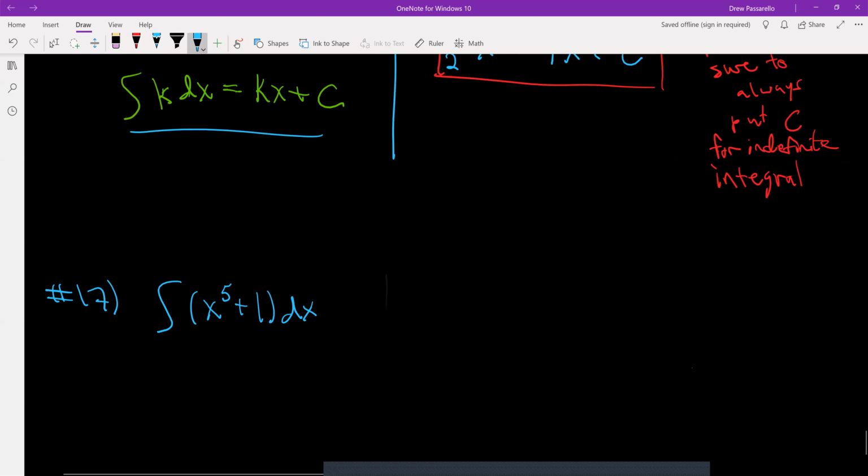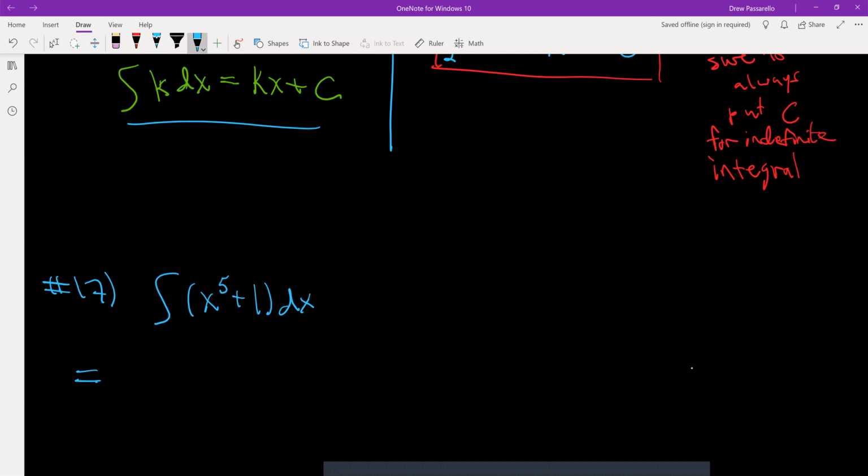So this is going to be equal to, and again, you add 1 to the exponent, so it's x to the 5 plus 1, and then you divide by that same value, so 1 over 5 plus 1. All right, that takes care of the x to the 5, and then plus, in this case k is 1, so we have 1 times x, and then plus c.